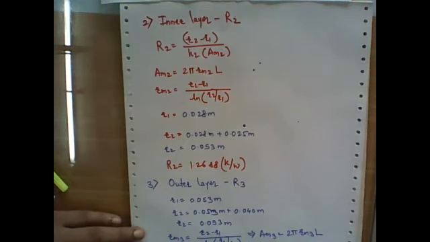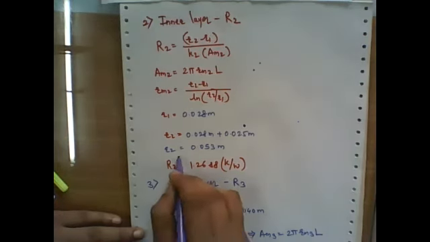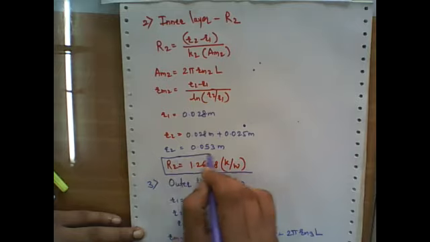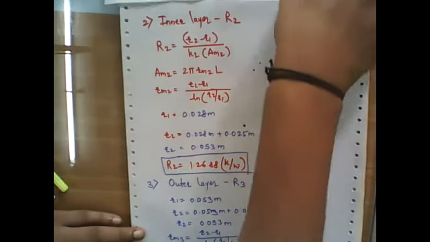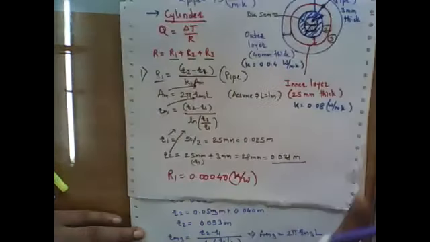So you can calculate capital R3 and it comes to 2.2385 Kelvin per watt, right? So this is the value for R3, this is the value for R2, and this is the value for R1.